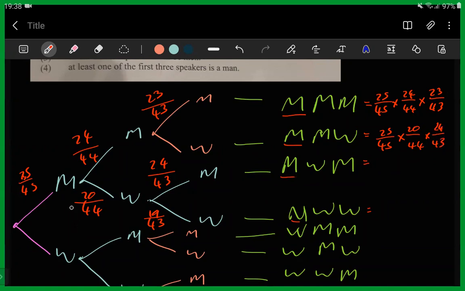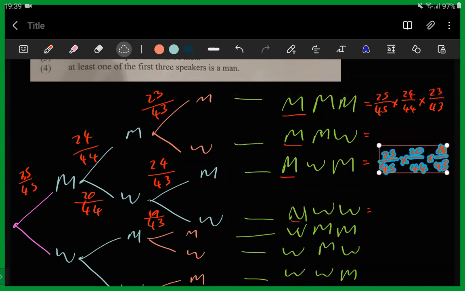Wow, the other one is this times this. Oh, I forgot this one. Ah, snap, I forgot this one. I should have given myself enough space.